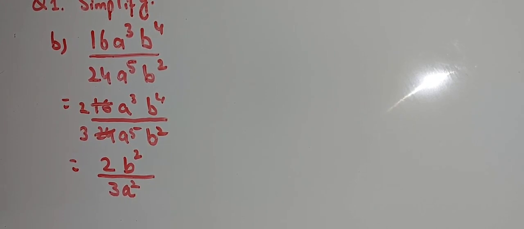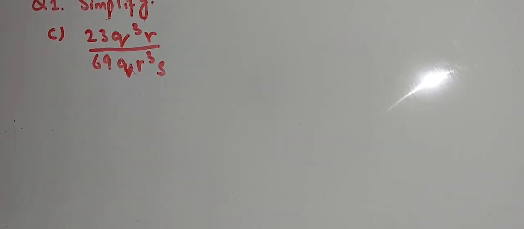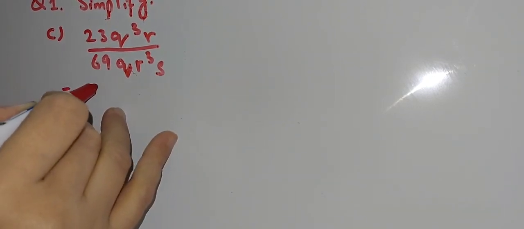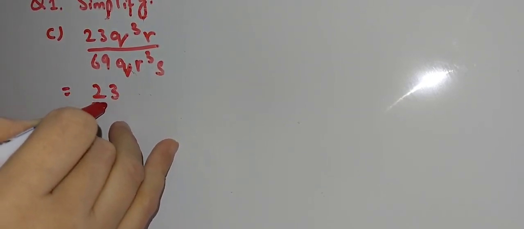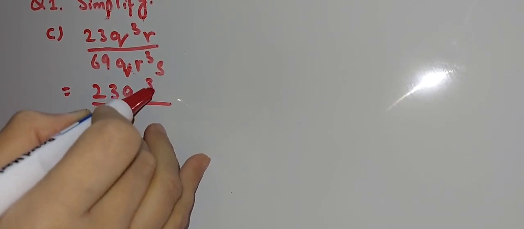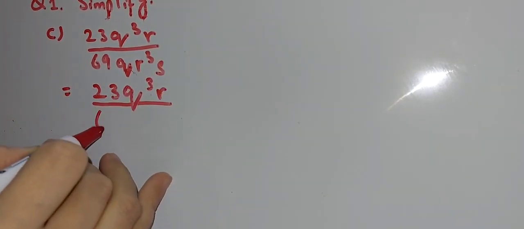Now move on to part C. Part C is 23q cube r upon 69q r cube s. First of all, what we have to check is whether 69 and 23 come in any table together. Yes, we will find that 69 comes in the 23 table.